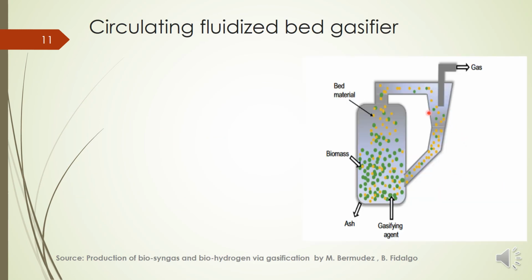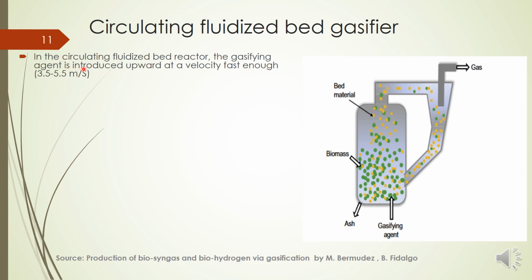Here we have a separator, a cyclone, and we are using very high velocity, that is the one difference, and due to that some bed material also will go with the gas. So we have to separate that bed material and return it to the reactor. That is the main difference in circulating fluidized bed.